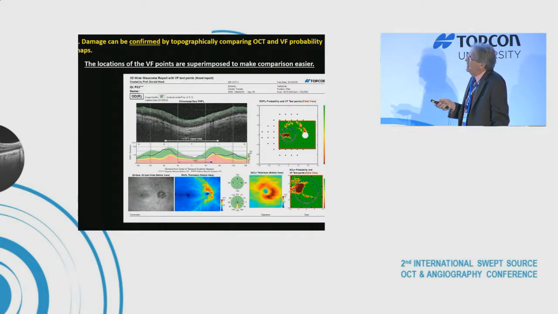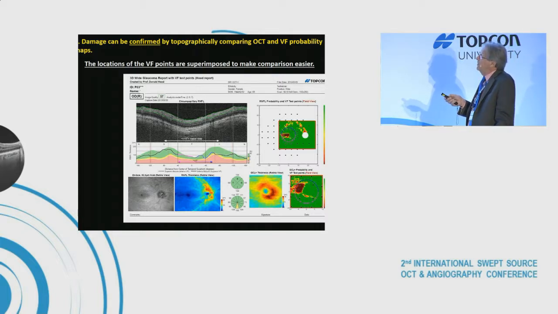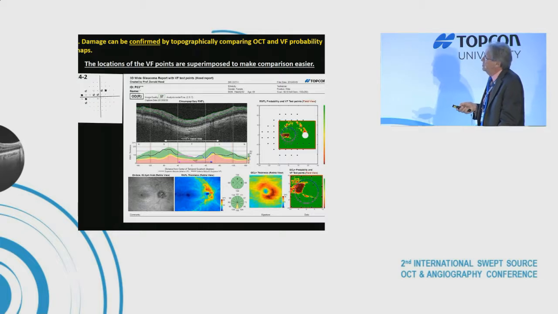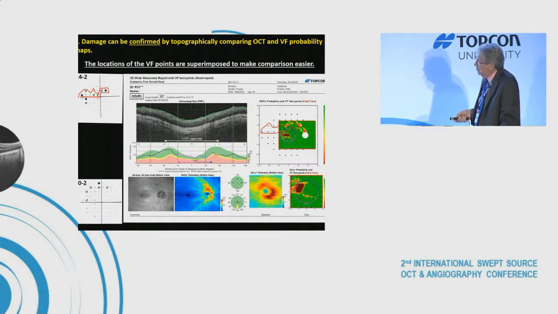Well, that gets me to the last principle, and that is you can confirm damage by topographically comparing OCT with visual field probability maps. So here's the 24-2. This indicates abnormal regions. If you just look at the upper visual field for now, we put that there. That sort of looks like it matches. Here's the 10-2 that I'm worried about.